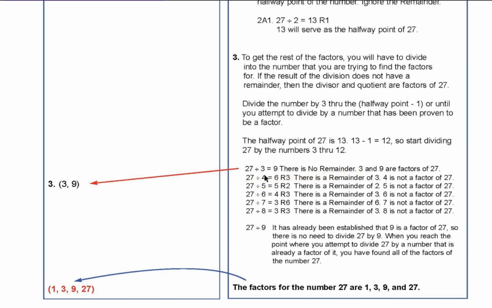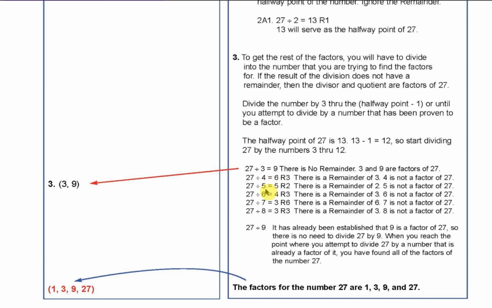Next, we will divide by 4. 27 divided by 4 equals 6, remainder 3. There is a remainder of 3. Therefore, 4 is not a factor of 27 because there is a remainder.